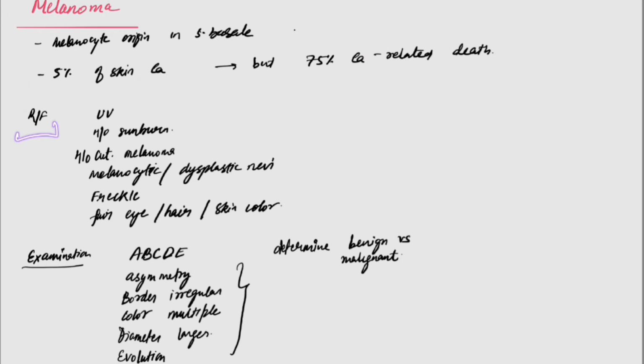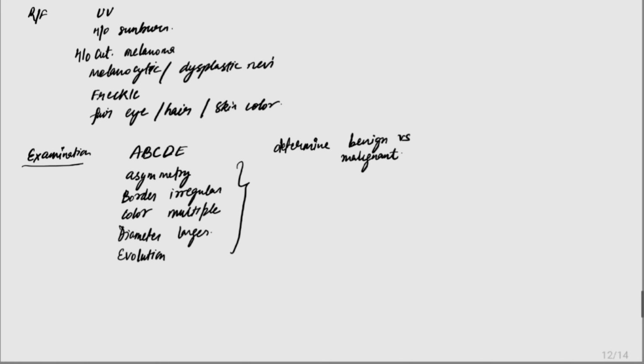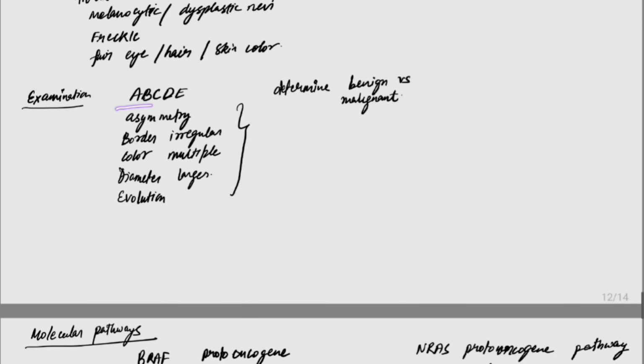Risk factors for melanoma are UV exposure, history of sunburn, history of cutaneous melanoma, melanocytic or dysplastic nevi, tendency of freckles, fair eye, hair or skin color. In examination, we have to focus on A, B, C, D, E: asymmetry, irregular borders, multiple colors, large diameter and evolution of the lesion.